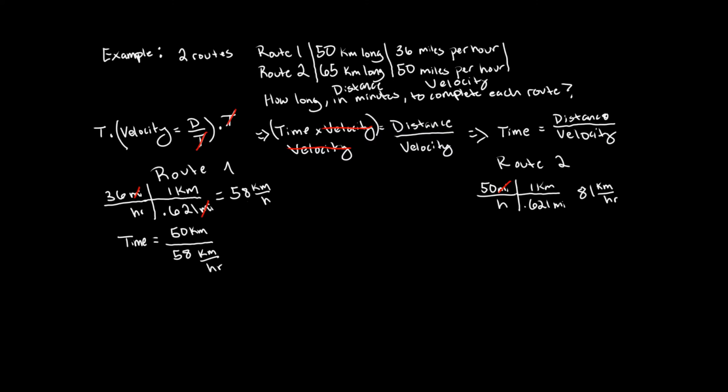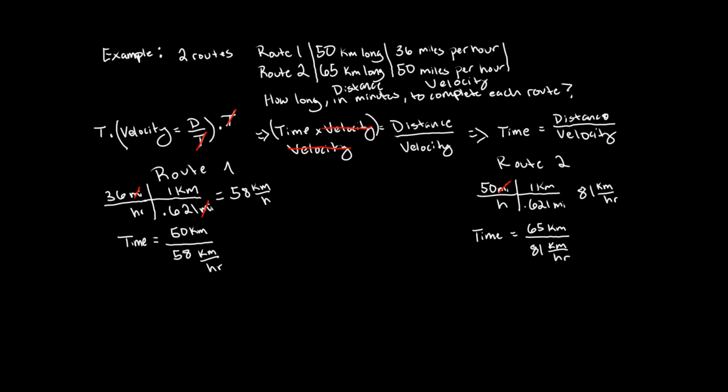And let's set it up over here as well. Time is equal to our distance, 65 kilometers, divided by our velocity, our speed, 81 kilometers per hour.